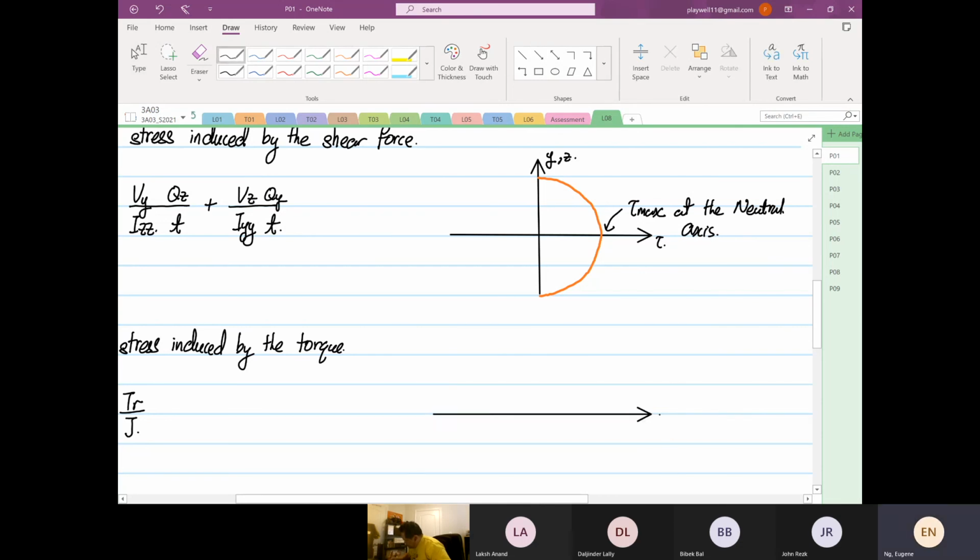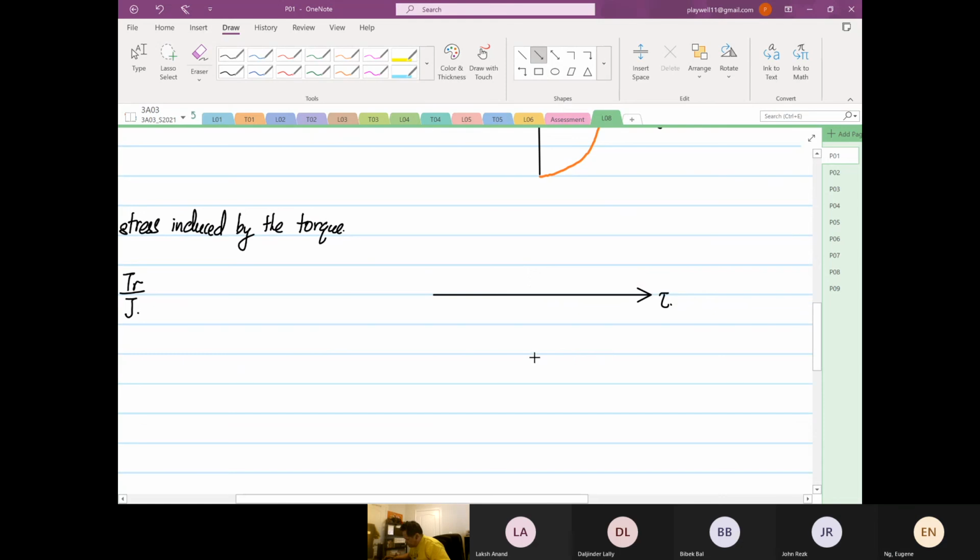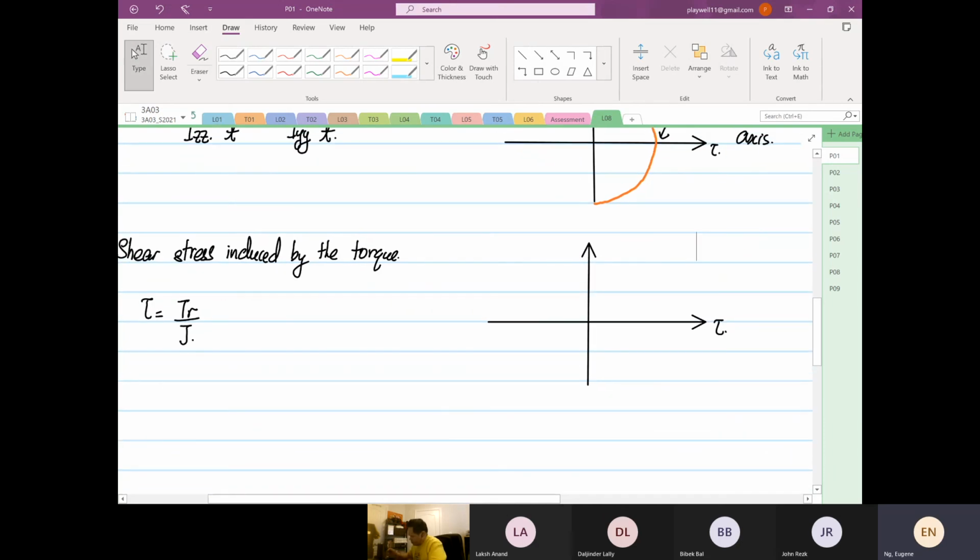this is your shear stress, and this is your normal stress. And because of the trend of the equation, where we have TR over J, this is your radius. Now, TR over J, there's no positive or negative radius at all.